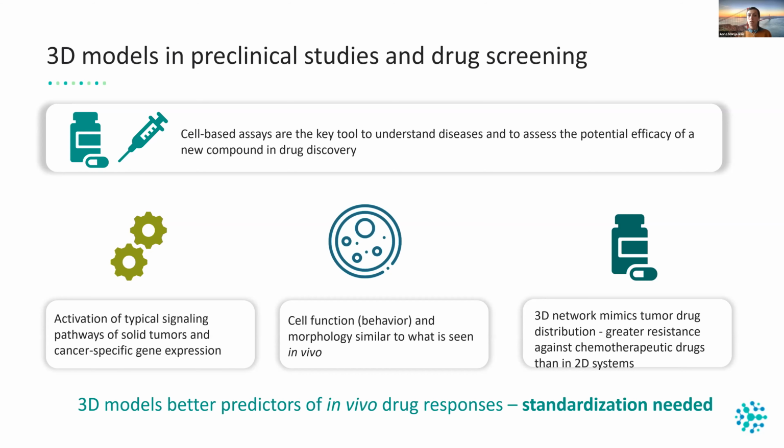In the area of drug screening, a 3D network mimics tumor drug distribution, with greater resistance against chemotherapeutic drugs than in 2D systems. But still, 3D models are not standardized in the lab. So 3D models are a better predictor, but a standardization is needed.